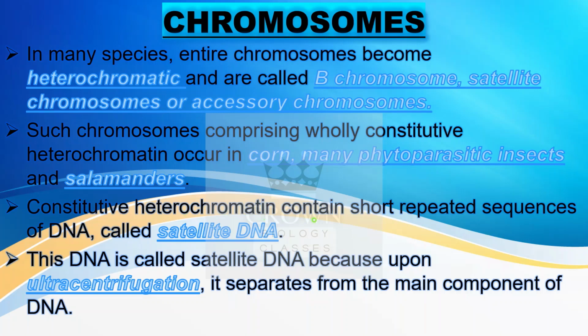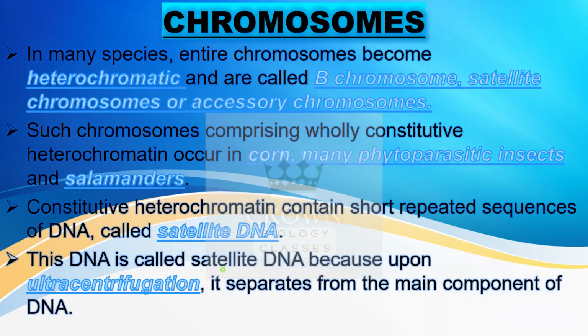Constitutive heterochromatin contains short repeated sequences of DNA called satellite DNA. The satellite DNA consists of very large arrays of tandemly repeating non-coding DNA, and satellite DNA is the main component of functional centromeres, and it forms the main structural constituent of heterochromatin.